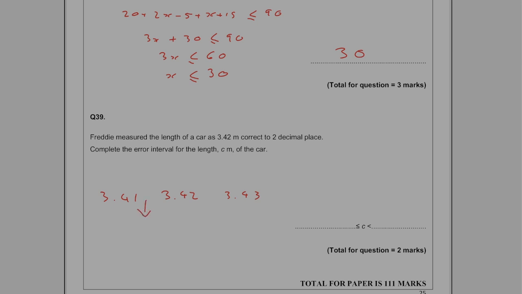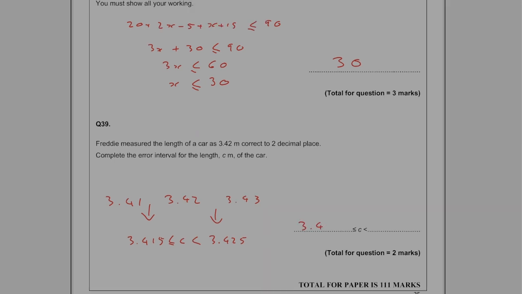So the minimum value is going to be 3.415, and then the maximum value is going to be 3.425. So C has to be less than or equal to, and less than 3.415 and 3.425.